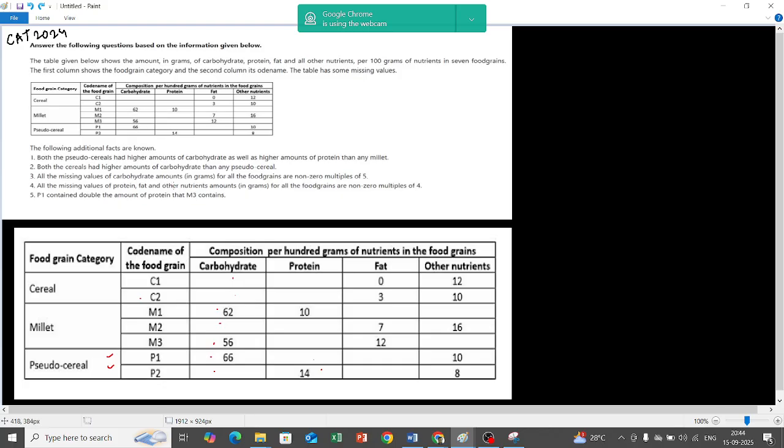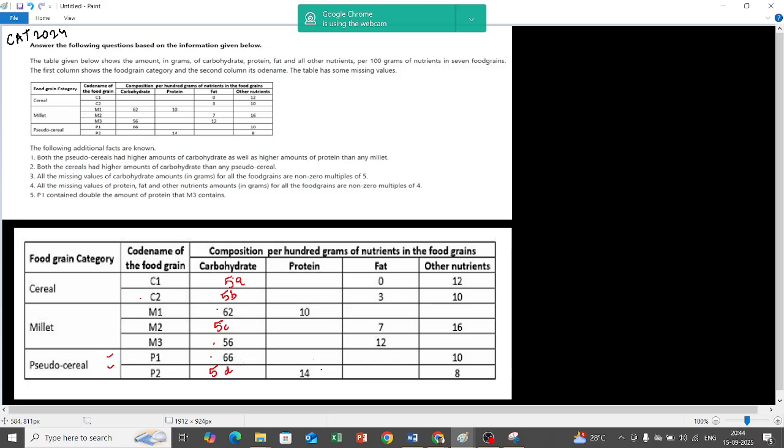All the missing values of carbohydrate amounts for all the food grains are non-zero multiples of 5. That means I can take this one as 5a, this one as 5b, this one as 5c, and this one as 5d.